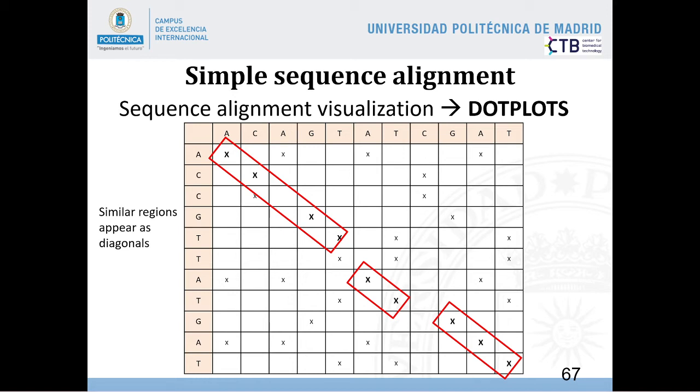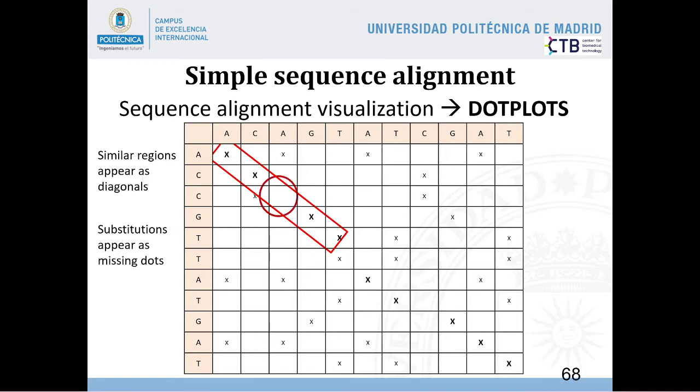The most important thing is that those regions that are similar, that are the same, would be represented as diagonals in the plot, and substitutions appear as missing dots within a diagonal.